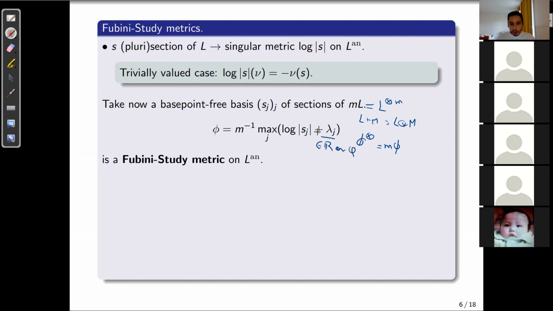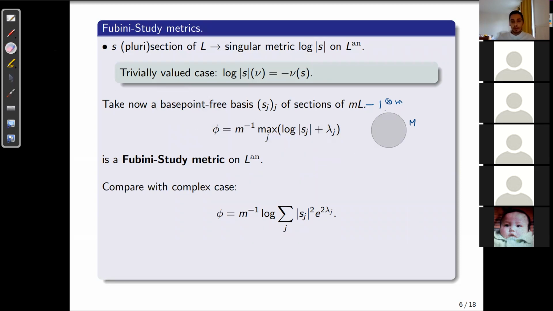The rational case is a bit nicer because it has a geometric interpretation as test configurations or models, but you can also just define real Fubini-Study metrics with real coefficients here. So we define this to be a Fubini-Study metric on the analytification of your line bundle. And this is not very far from what we define to be a Fubini-Study metric in the complex case.